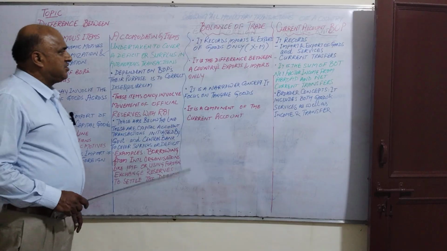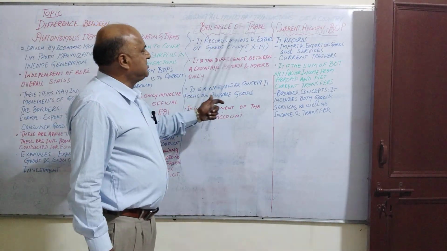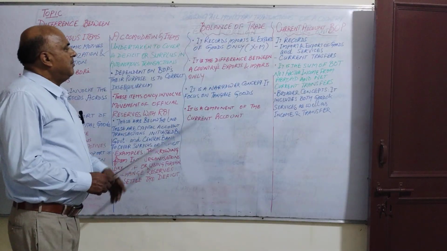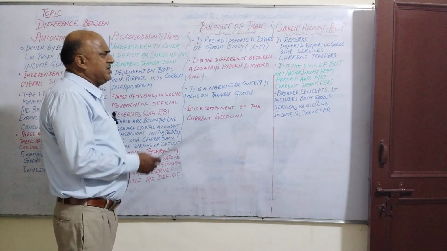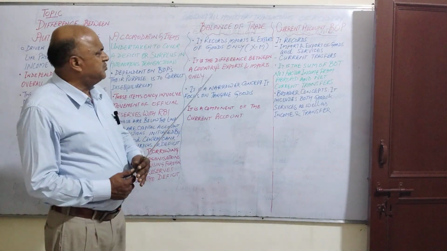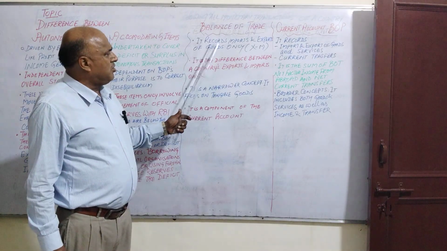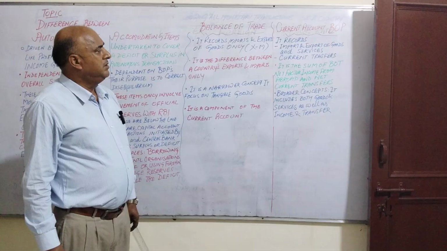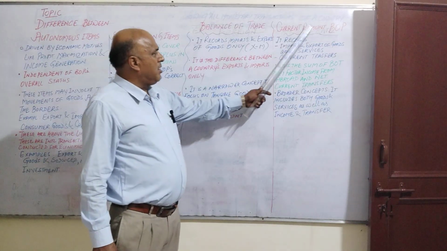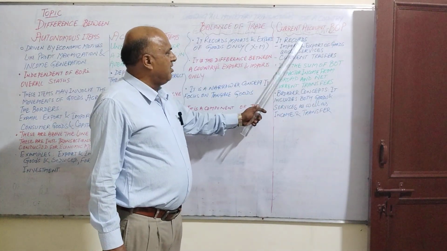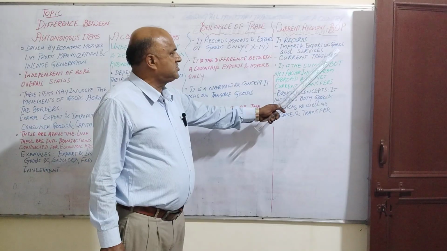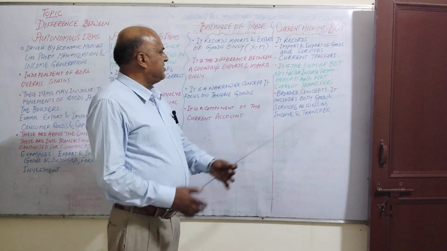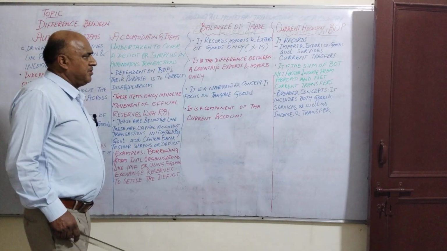Now the next topic is balance of trade and current account balance of payment. Balance of trade, simply we can say, is the difference between export and import. It records import and export of goods only. But current account balance of payment records import and exports of goods and services and current transfers, unilateral payments.